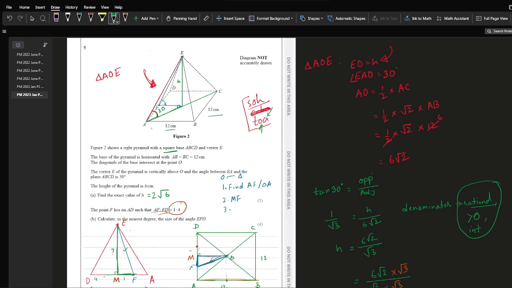Or maybe instead of finding AE, we can find the midpoint, OM, basically this line directly from the midpoint. Once we have that, we can just calculate EF. You kind of have to do it in 3 dimensions, or draw another triangle, basically.